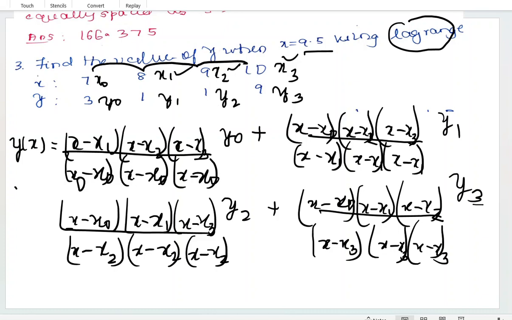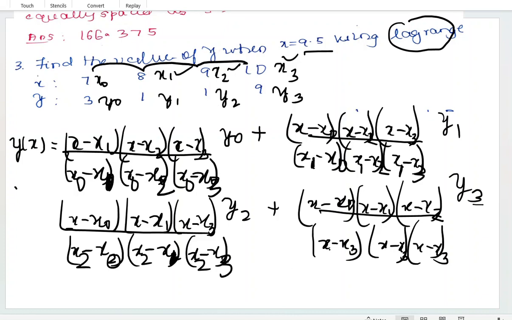This is x0, with 1, 2, 3 in the down part. This is x1, with 0, 2, 3. This is x2, with 0, 1, 3.